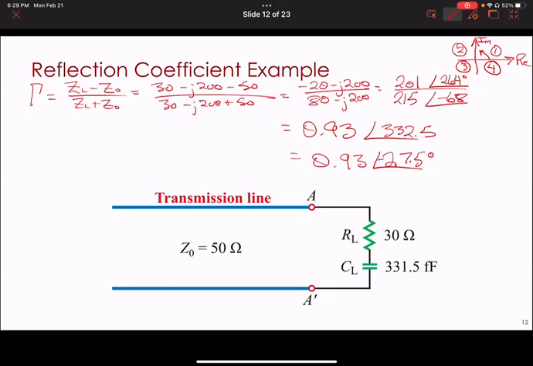This value, this gamma, this reflection coefficient, is used all over the place in the RF and microwave world. You get any kind of component or device or an antenna, you look up the data sheet and it would give you the value of gamma, or you would need to measure the value of gamma. The way you do it in a lab is you would use a piece of equipment that, unless you're taking the 370 lab, you probably haven't used yet, unless you work in industry somewhere.